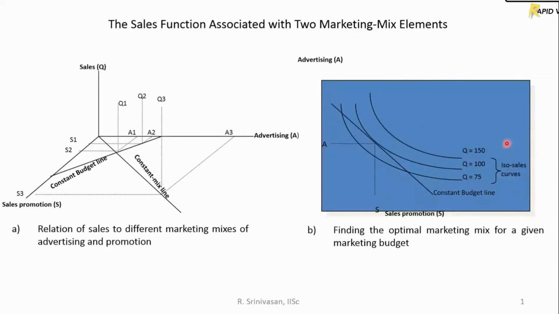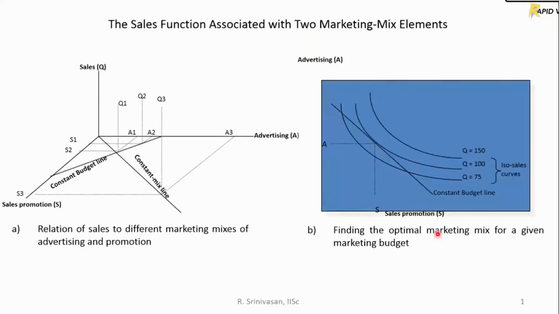The point at which this tangent cuts the isosales curve gives the constant budget line where you can get the combination of A and S. So this is very useful to the marketing manager because he has to make decisions.